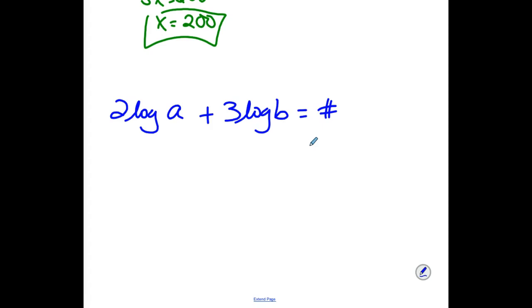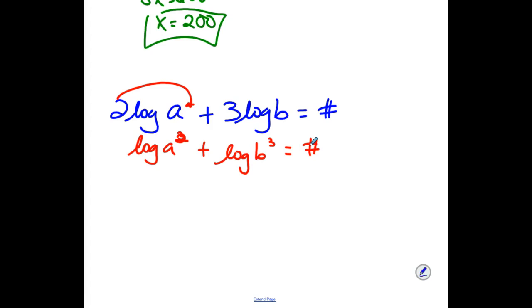Put the 2 and 3 back. They were powers, right? When we condense it, they go back as powers. So I'd put this back as a 2. And then I could condense the addition back into multiplication.